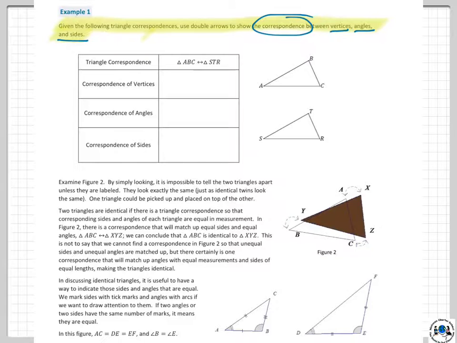The first thing we need to see is our triangle correspondence. We have triangle ABC, moving that way, corresponds to triangle STR. So this is a pretty basic one, huh? All right, go ahead and do that.